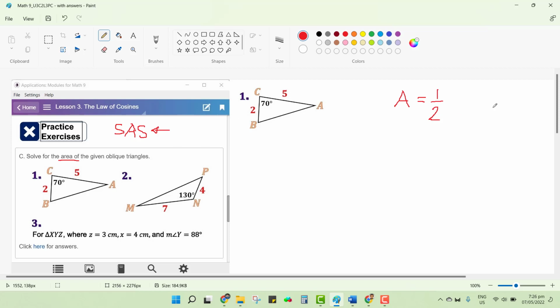In this case, let's just use the general form A and then B, to be multiplied with the sine of the included angle C. This is actually the general formula in solving the area of an oblique triangle under SAS situation.